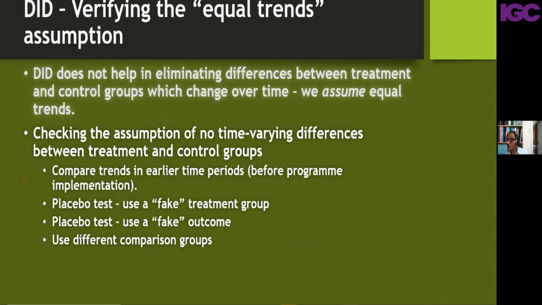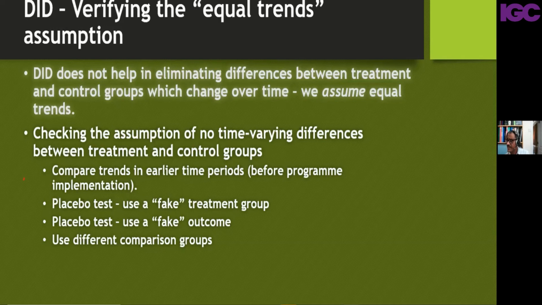Before program implementation, the difference in difference method should yield 0 difference between the two groups, because the program was not implemented and the trends were assumed to be similar. So if you do a difference in difference analysis for the pre-program periods, you should get a 0 treatment effect.